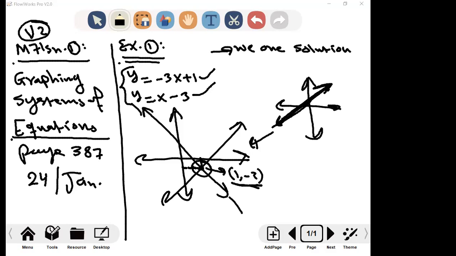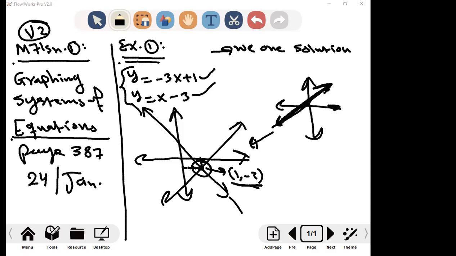So each point is an intersection point, so we have infinitely many intersections, so infinitely many solutions. A vertical line, is it intersected with the other line? If we have an intersection point, we have one solution. Now let's read the types of these solutions.